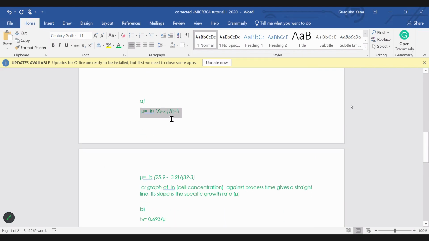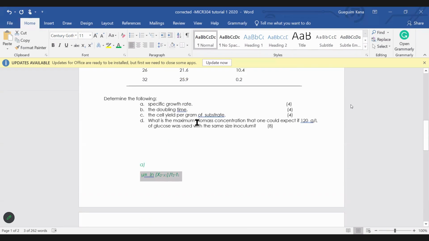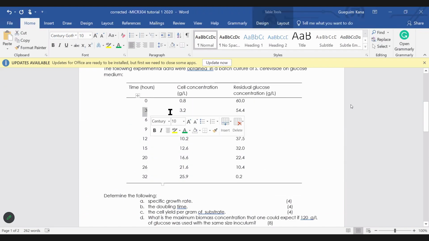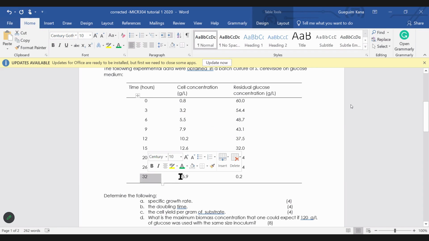While applying this formula, your X2, X1, T2, T1 will be taken starting at 3 hours, with the corresponding cell concentration 3.2, and the process terminating at 32 hours, with the corresponding cell concentration 25.9.